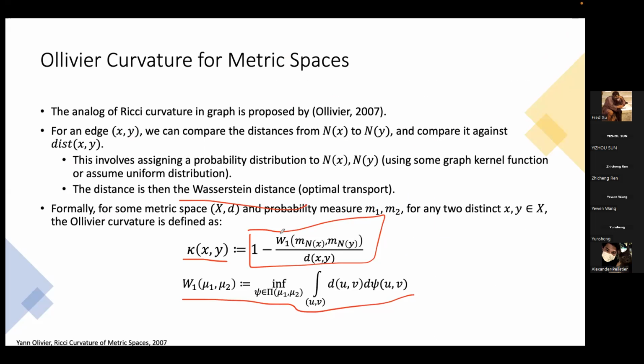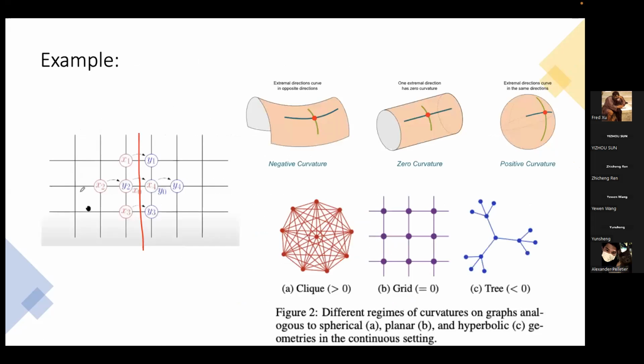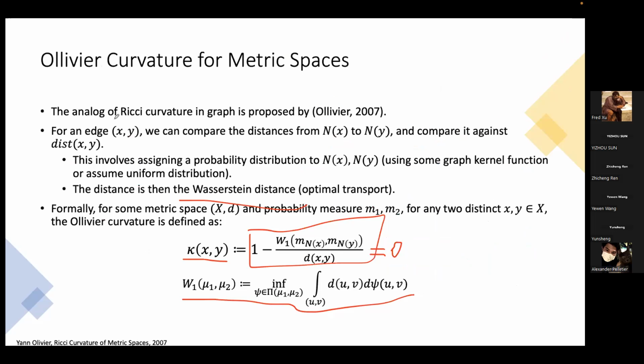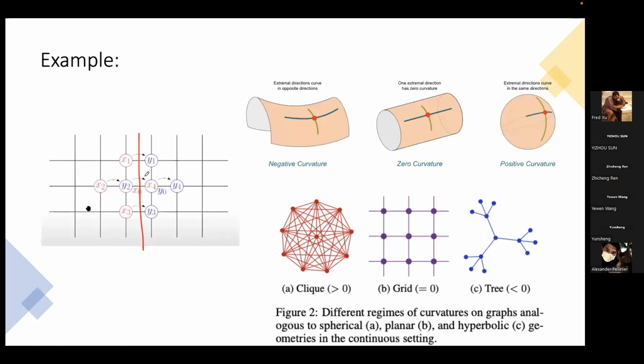So basically, I think what we want is for this term to equal 0. And for this one to equal 0, that means the Wasserstein distance equals the shortest path distance. Because this is a grid, corresponding to a Euclidean space, d(x,y) here is 1. It's the shortest path between these two.